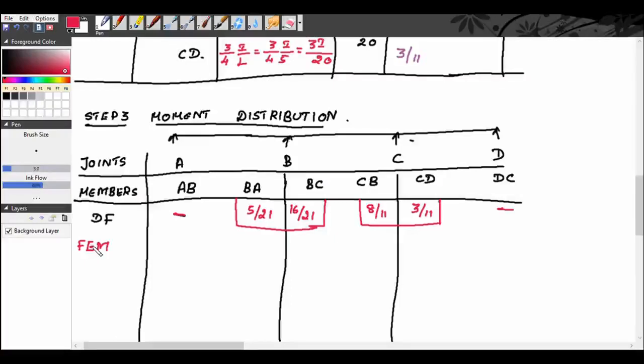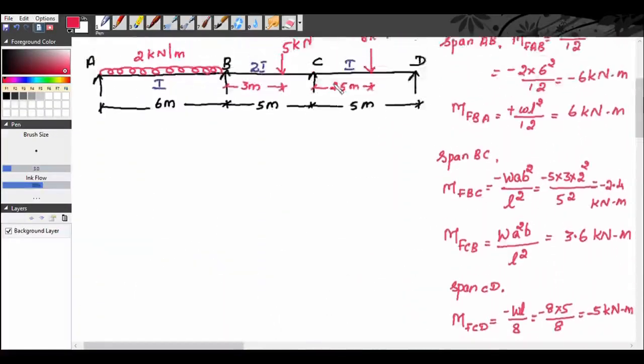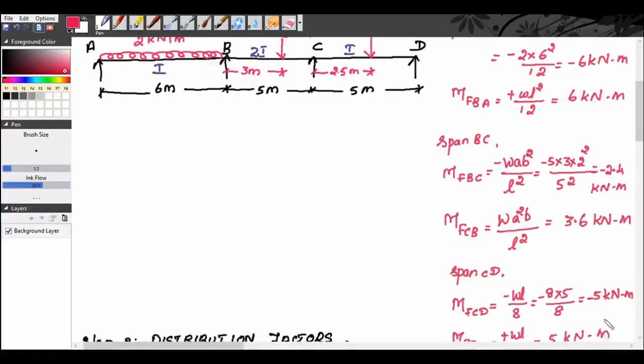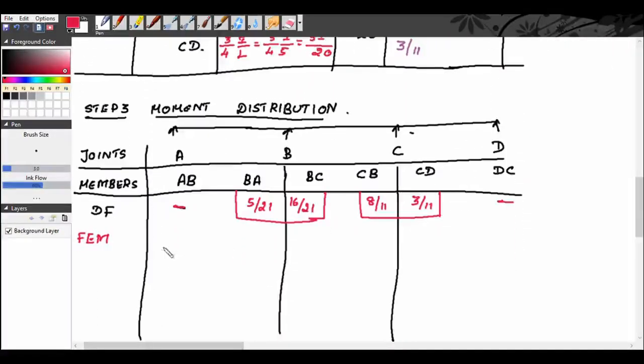Now we will write the fixed end moments which we have determined in our first step. The fixed end moments are minus 6, plus 6, minus 2.4, plus 3.6, minus 5 and plus 5. For AB, the fixed end moment is minus 6. For BA, it is plus 6.